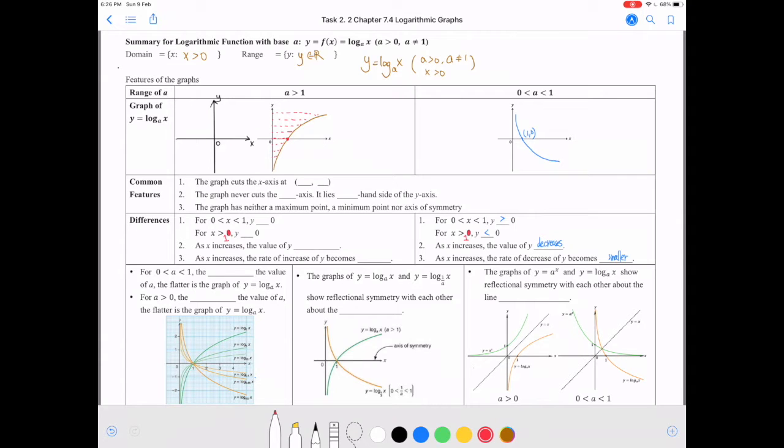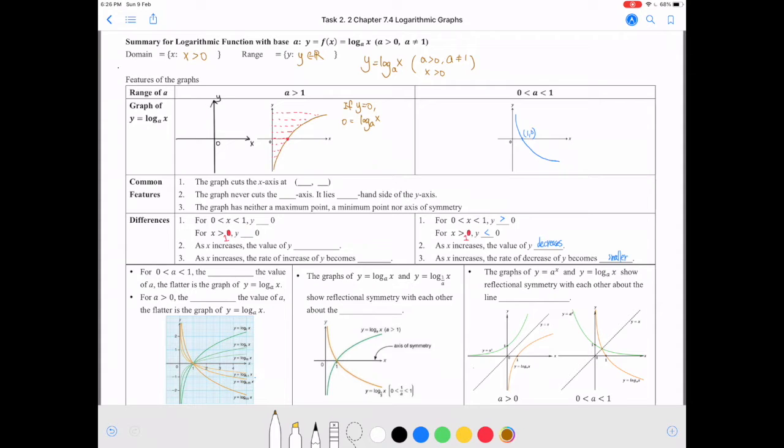So what are the coordinates of the point? We know that for all points on the x-axis, the y coordinate must be 0. So that means we can substitute y equals 0. So we get 0 equals log base a of x. So what is x?